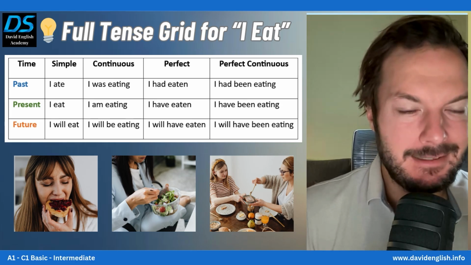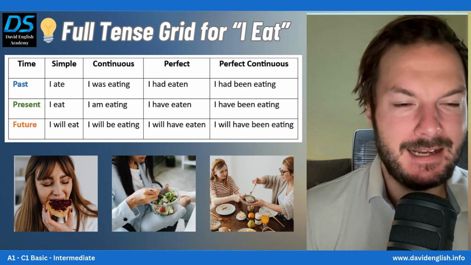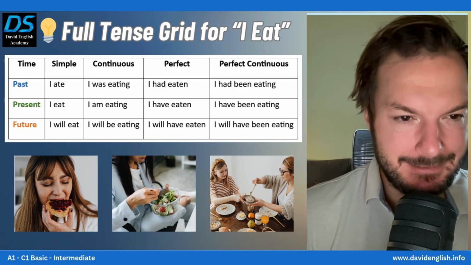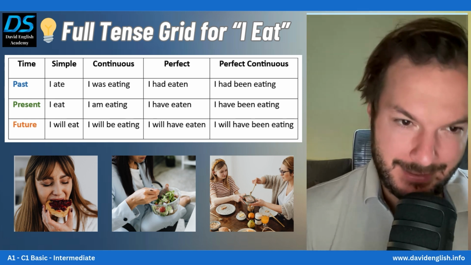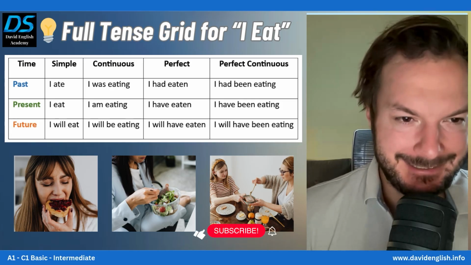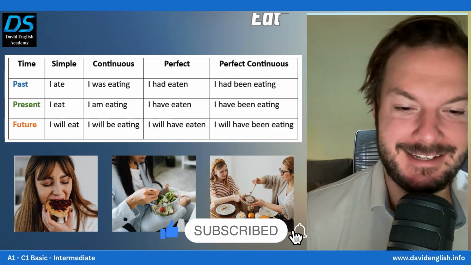I have been eating, which means I am still eating. Future, I will eat, like a promise. I will be eating, usually at a specific time. I will have eaten by this time. It's already completed. I will have been eating. So let's go to the next slide.